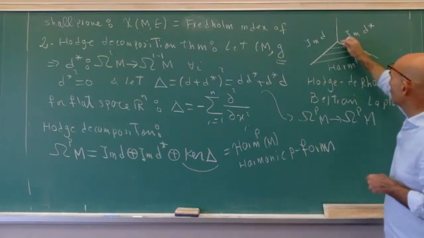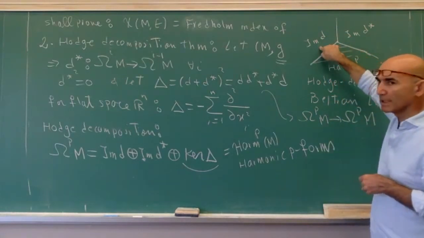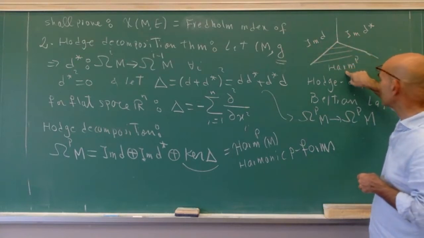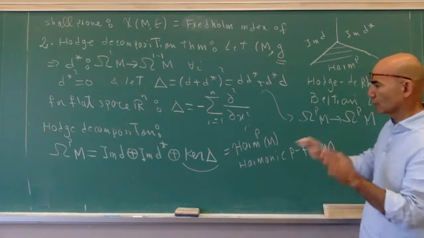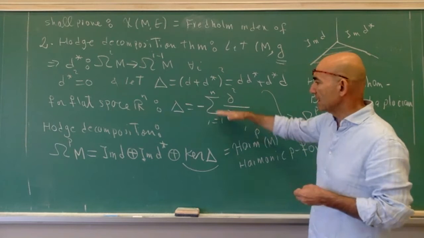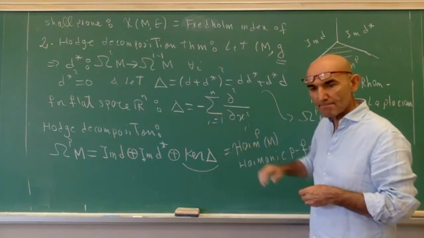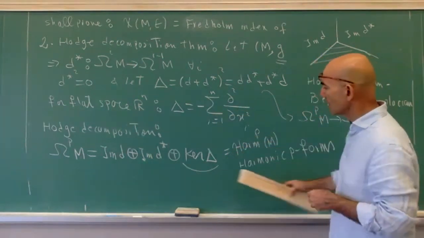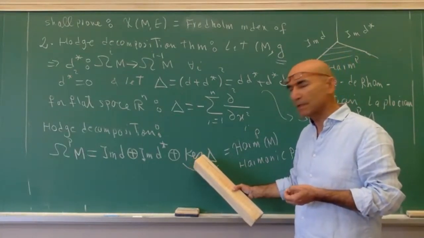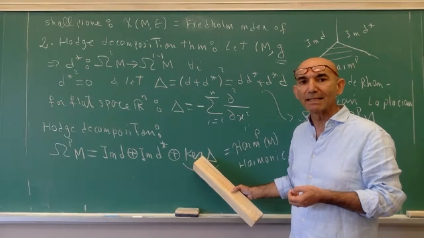This wall is image of d, this wall is image of d star, and here are the harmonic p-forms, an orthogonal direct sum decomposition. And an easy corollary of this is that there is a natural isomorphism between the kernel of the Laplacian and cohomology.